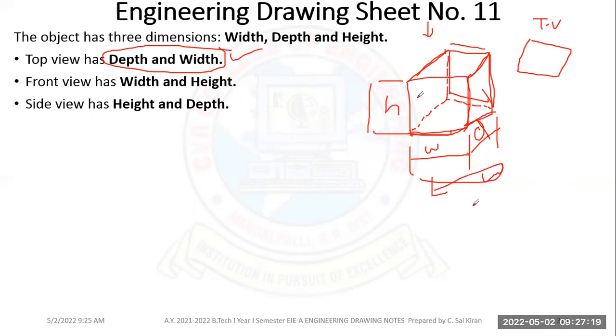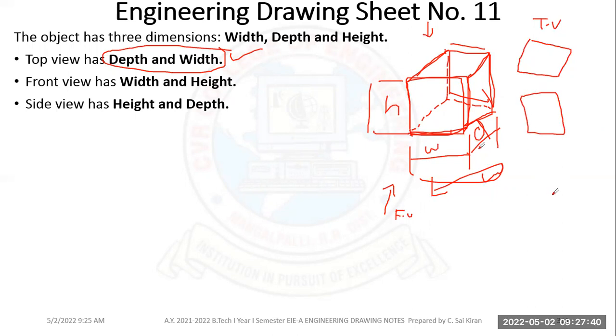Okay. And coming to the front view, we are assuming this is our front view. In this front view, we can see the width, this height, this width, this height. So the front view has to be drawn like this: width, height, width, and height.